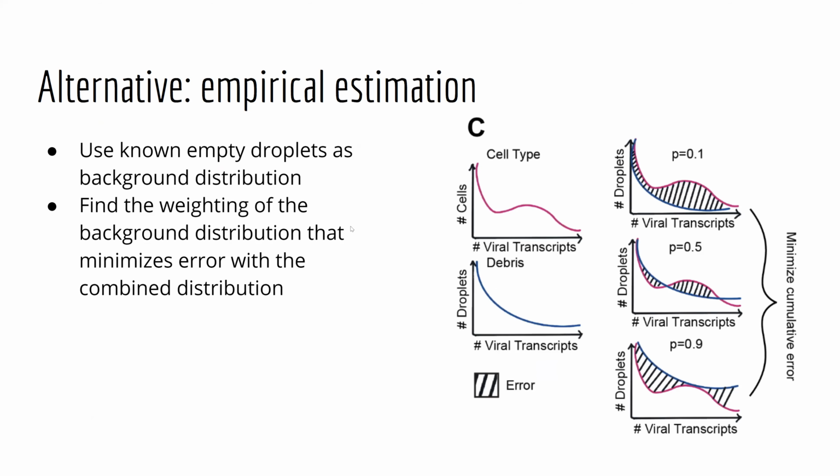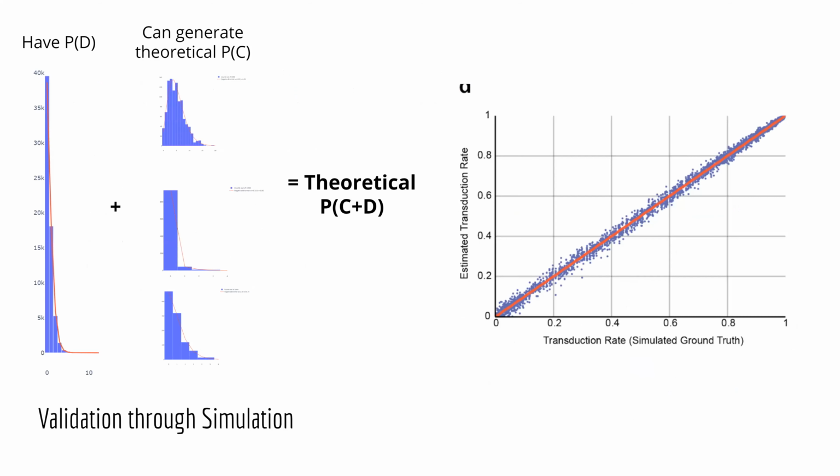So instead, we came up with an empirical method where we use the debris transcripts as an estimate of the background, and we then use the combined transcripts, and make a bunch of different guesses as to how much debris we think is in the sample. If you calculate the error between this combined estimate and what you see in your real data, you can find the level of contribution of the background that minimizes this error, which is our best guess at what percent of the cells have transcripts above background.